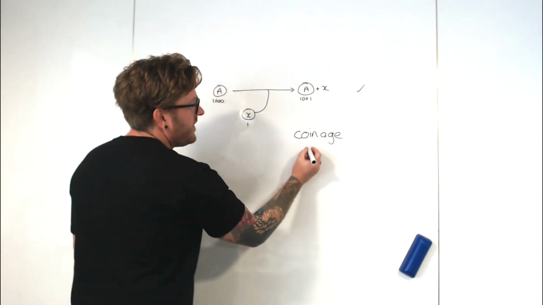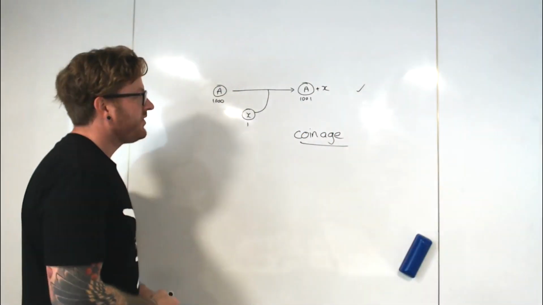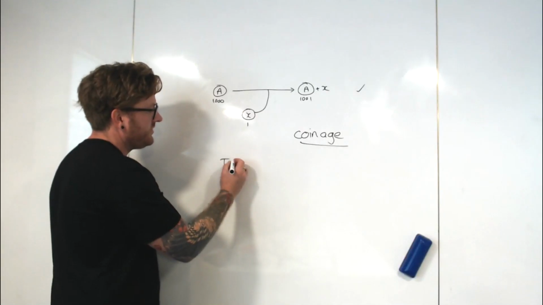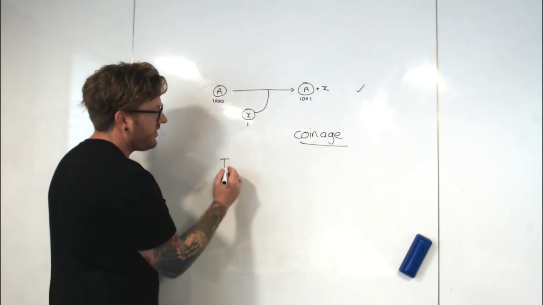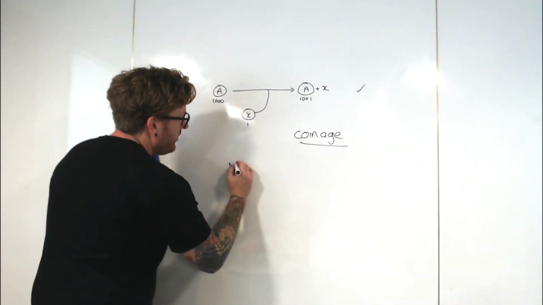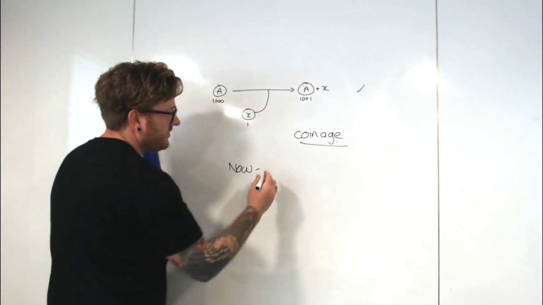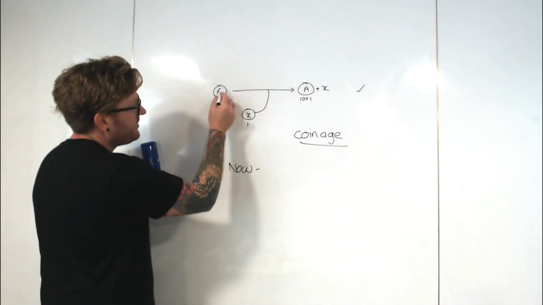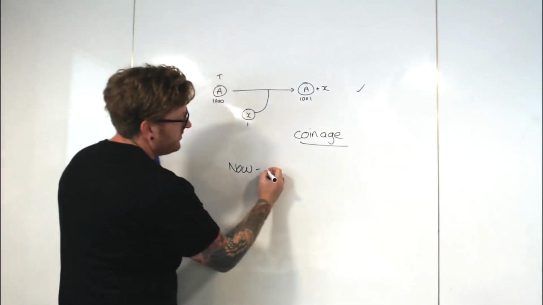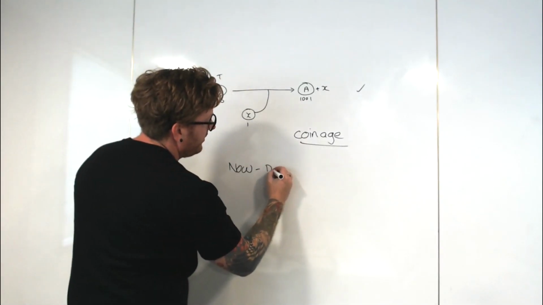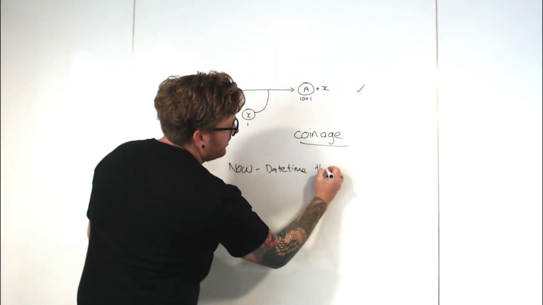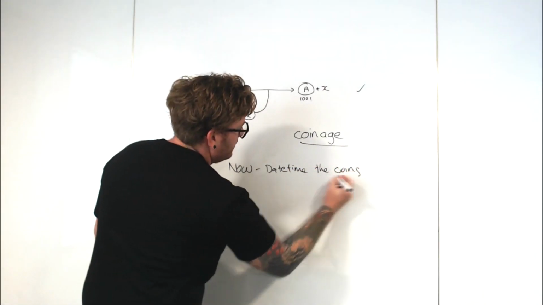And coin age is simply now, whatever the timestamp of the block is, minus the date and time the coins were last moved.